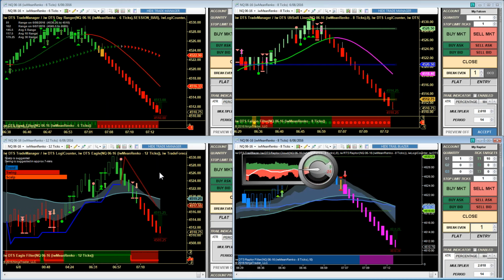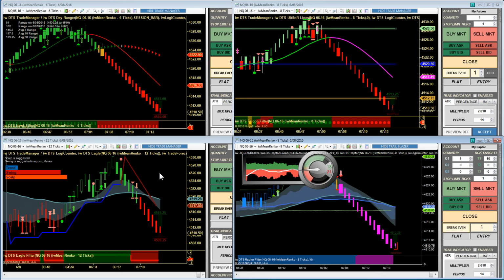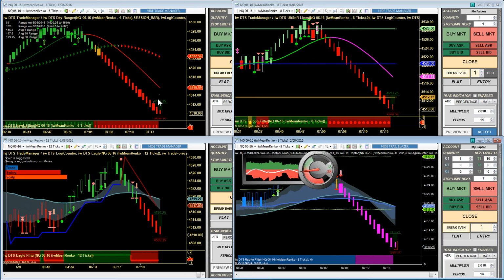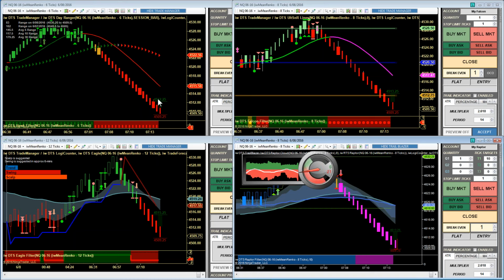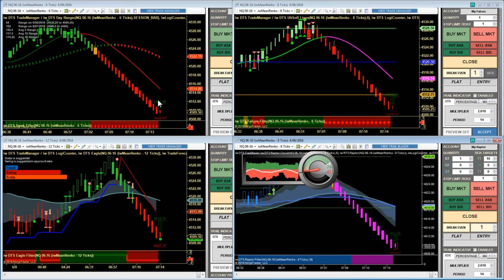Yeah, this market is definitely bearish today. And they moved a little bit quick through here, so now we're just waiting for everything to catch up. Oh, that's craziness. Look at the Geiger counter here.